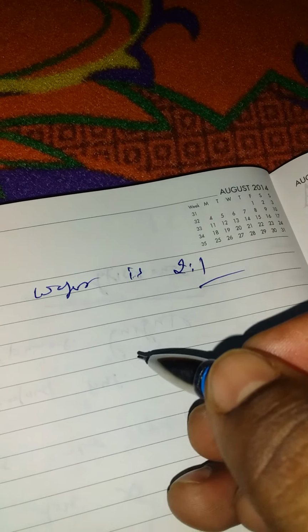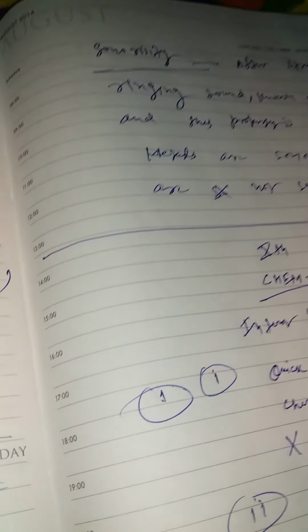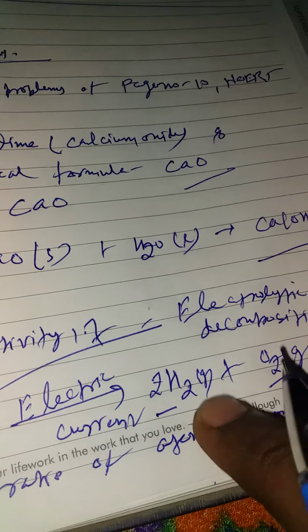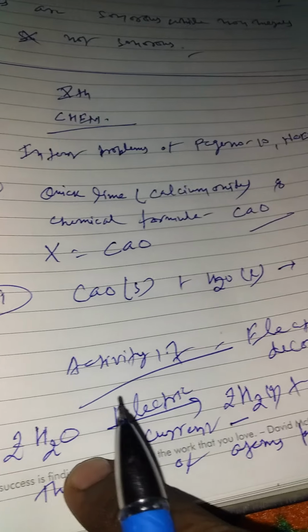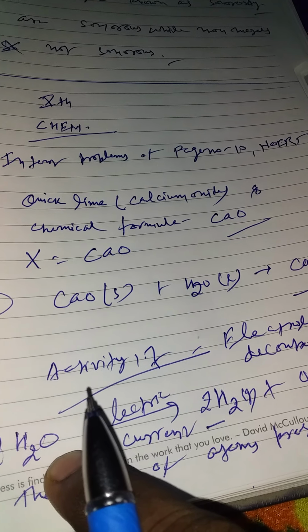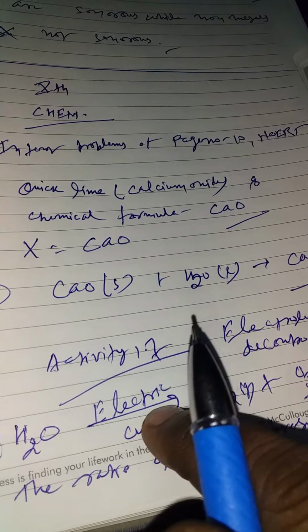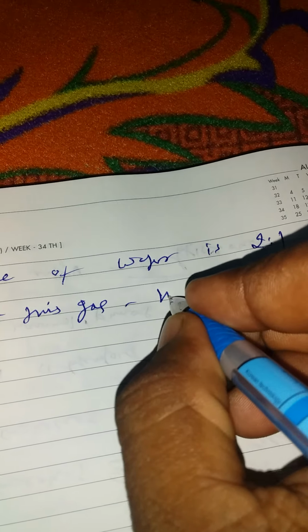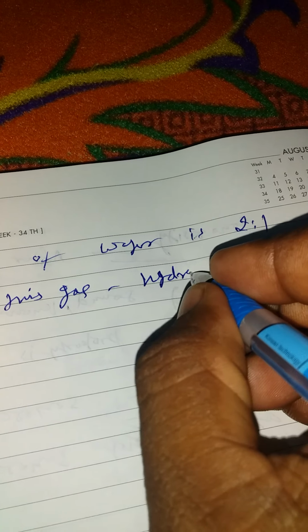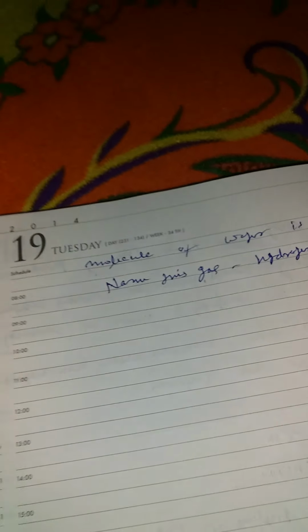That's why the amount of hydrogen gas is double in comparison to oxygen, and that is why it is double the amount collected in the other. And the name of this gas is hydrogen. That's all.